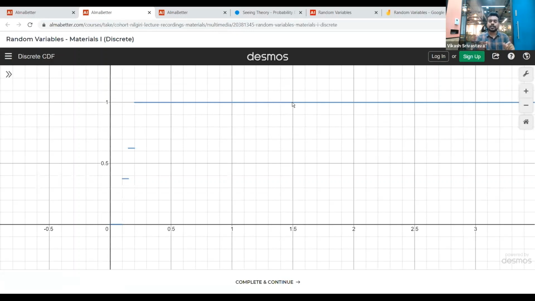All the balls' weights are less than 1.5 kgs. So that's why the probability for that random variable to take a value less than or equal to that will be 1, right? So the cumulative probability is going to be 1. So this is the example of discrete CDF.